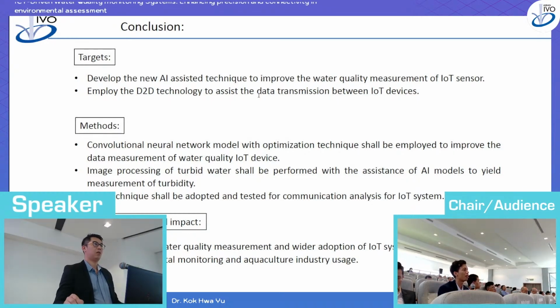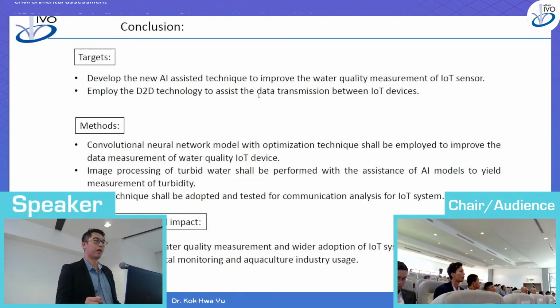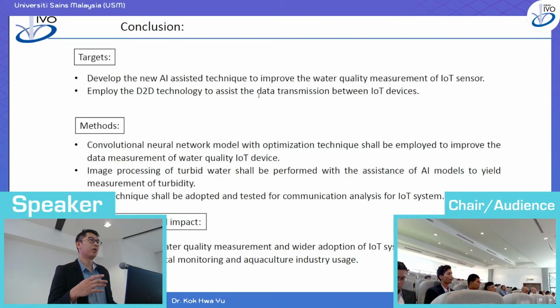Okay, communication with LoRaWAN is long-range communication. But normally, when we pass data from one place to another, you are affected by obstacles. If we apply it in an open field or on the sea, it is much easier because you don't have any blockage.